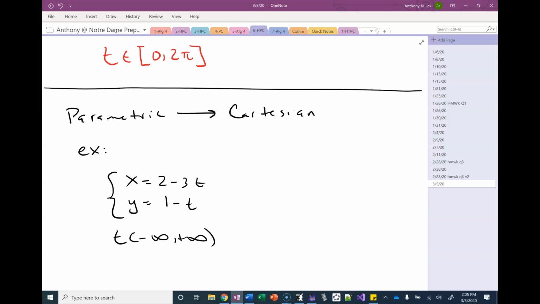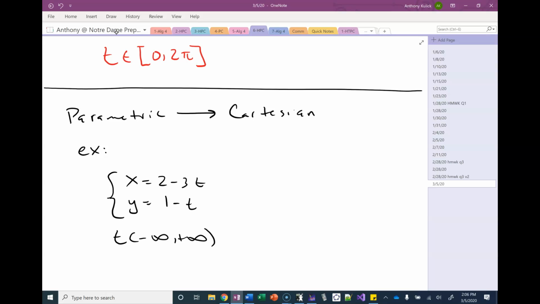How many do we have in a parametric form? 3. We have x, y, and t. So in order to get this parametric equation into a Cartesian equation, we have to eliminate t. Everybody's good with that plan? So we have 2 equations and 3 variables. We should be able to do that, right?